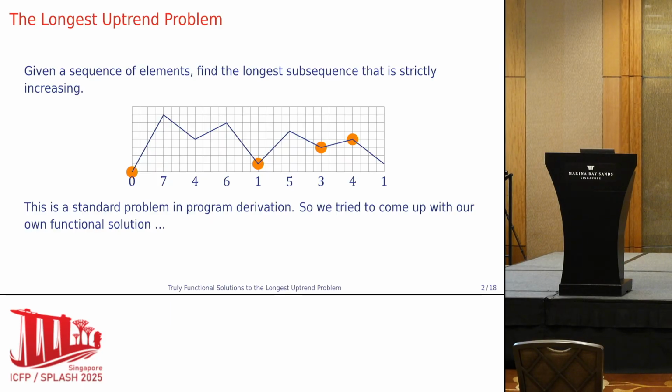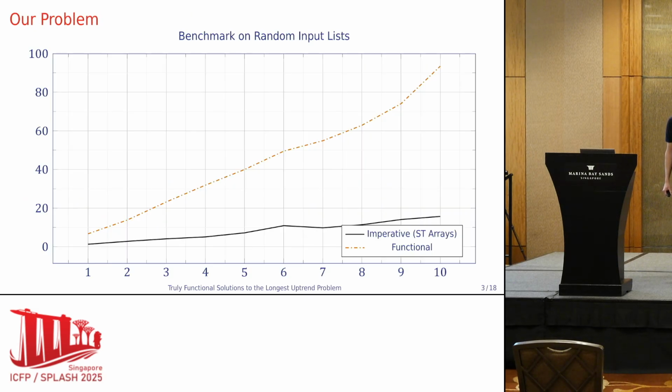We implemented also the imperative solution and benchmarked them against each other, and of course the imperative solution was much faster, so roughly 6 times. So the goal for us was then to come up with a solution that is on par in the real world with the imperative one, because we believe that functional programming is at least as good as imperative, also performance-wise.